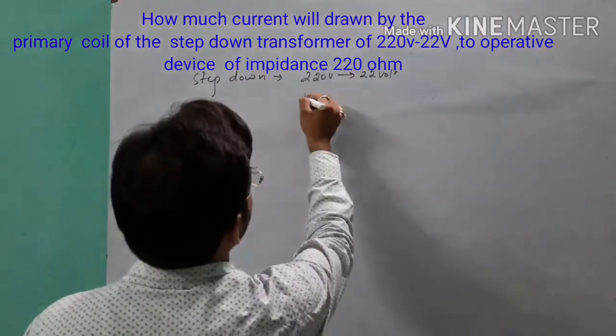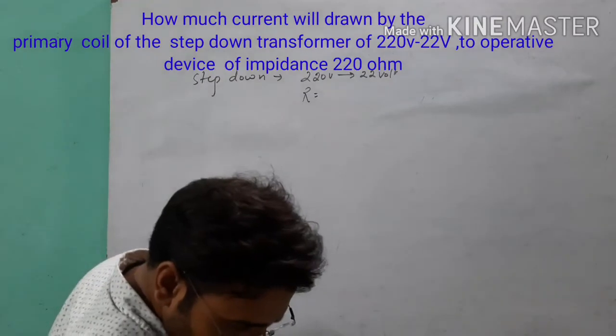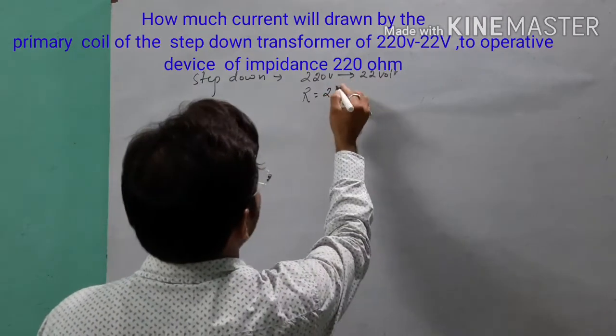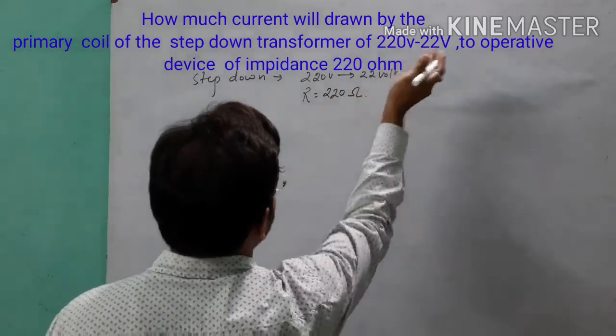We have given the resistance, which is equal to 220 ohm. This is the impedance according to the question.